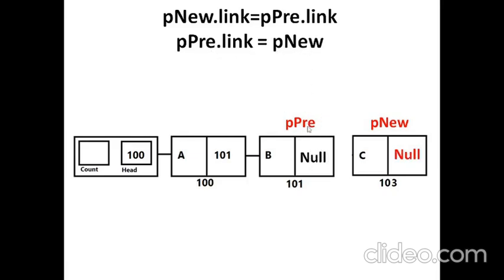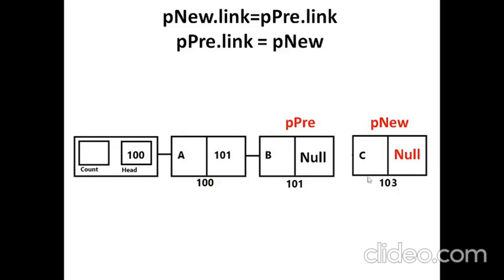The second step is ppre.link equal to pnew. Which one is ppre? This node. Its link has to be copied the pnew address. Remember, it's just pnew, not pnew.link. Whenever you write these algorithms, you must be very careful in where to write .link and where to write just the node name itself. It will go wrong if you make a wrong writing.